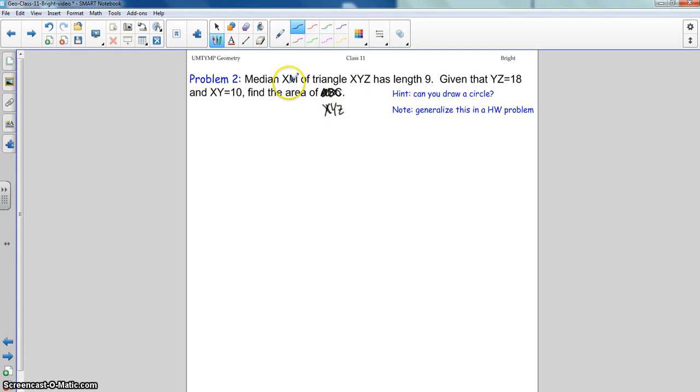Again, I'm going to start with a hand drawing here, as you will on your homework. This is going to be my triangle, and X is going to be this angle, and Y and Z. It says median XM of triangle XYZ.